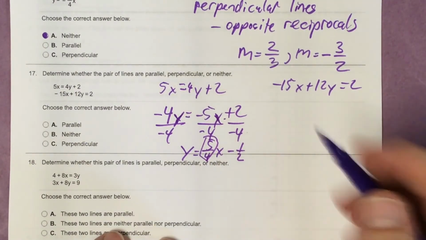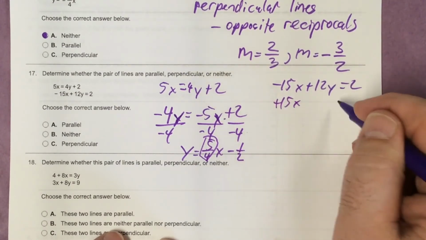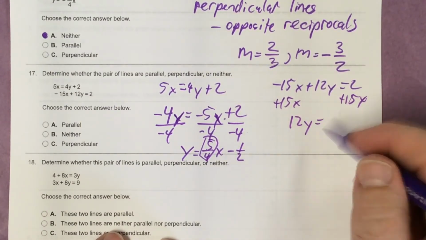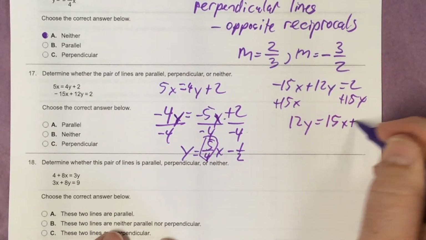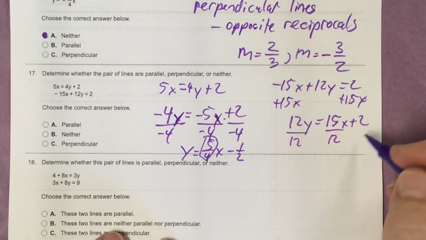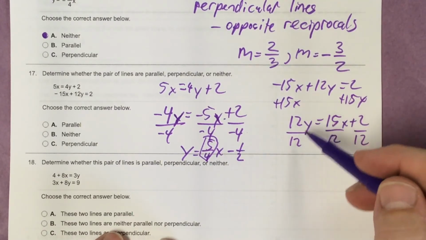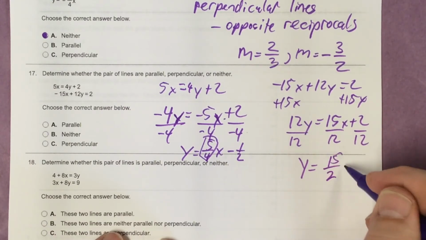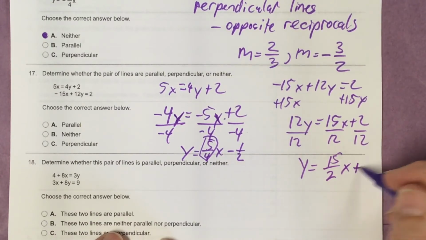In this one, I'm going to just add 15x to both sides. That'll give me 12y equals 15x plus 2. If I divide both sides by 12, and I have to divide everything by 12, I'm going to have y equals 15 over 12 x plus 1/6.